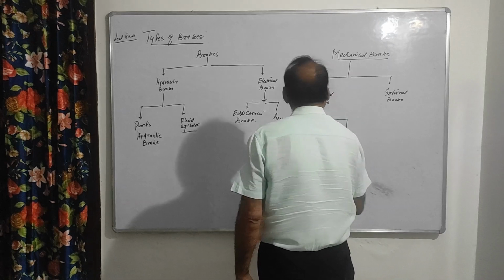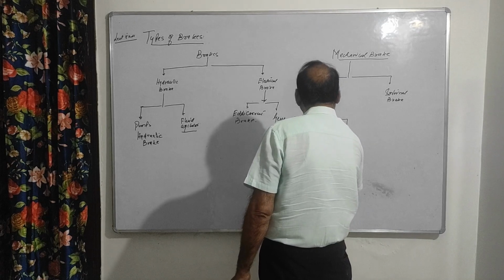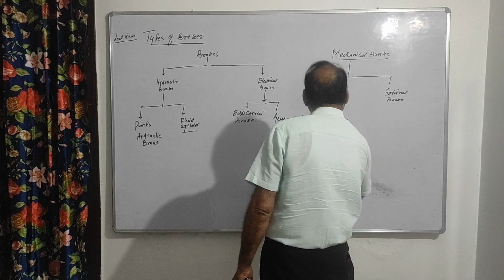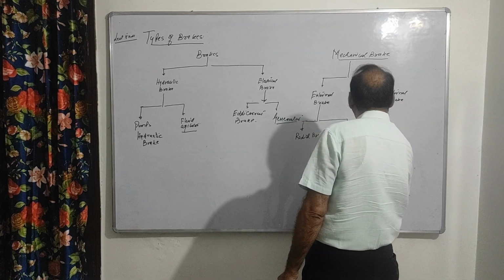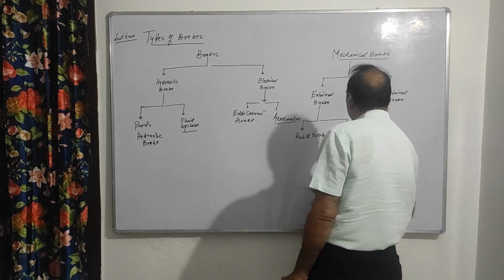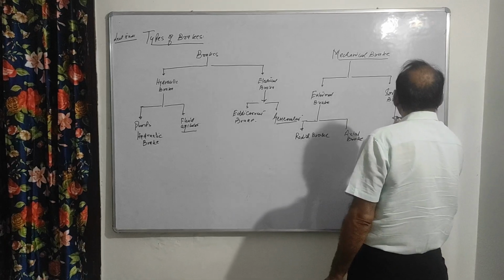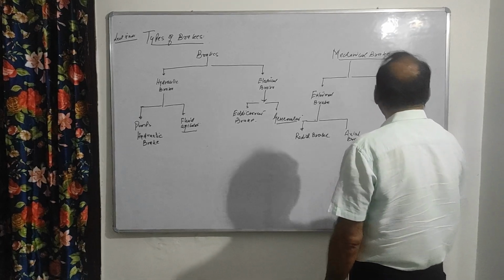So this external brake is in two parts, that is radial brake and axial brake, whereas this is your internal expanding brake.